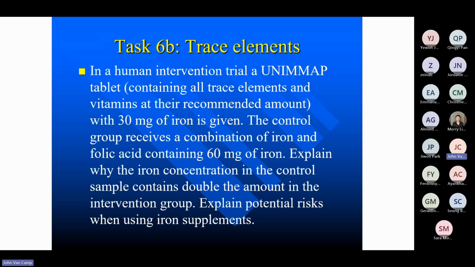But in this case, there is a fundamental difference of 30 milligrams a day. Why is that? And also explain, if we have high intakes of iron or other trace elements, whether that could lead to potential risks in the human body, and try to explain which types of risks you might expect.